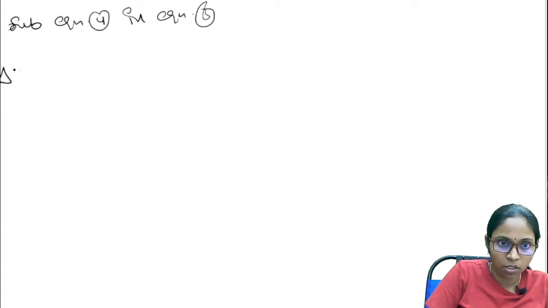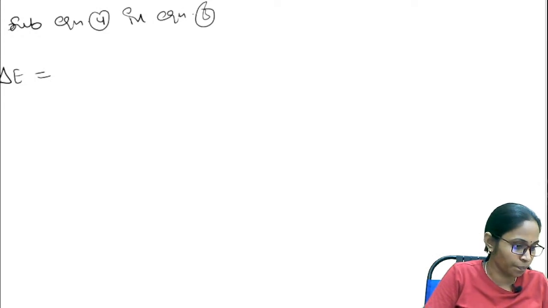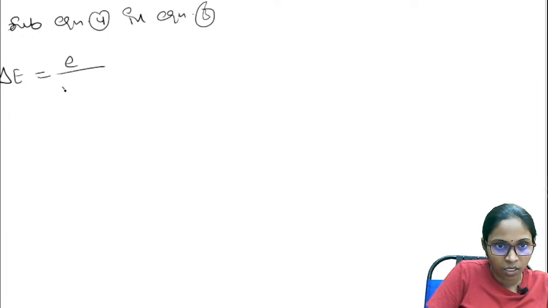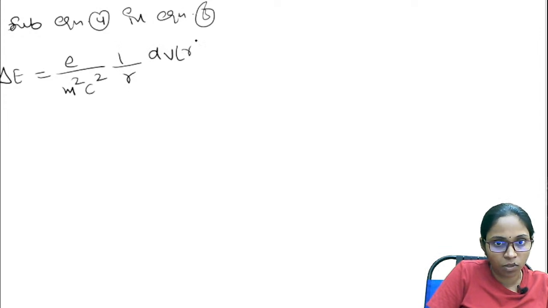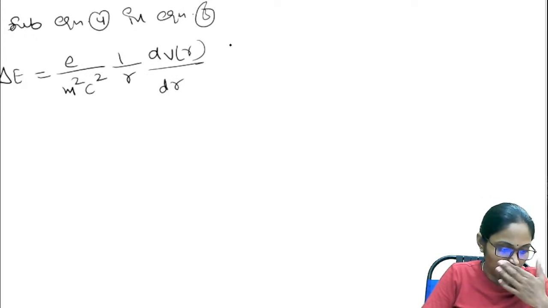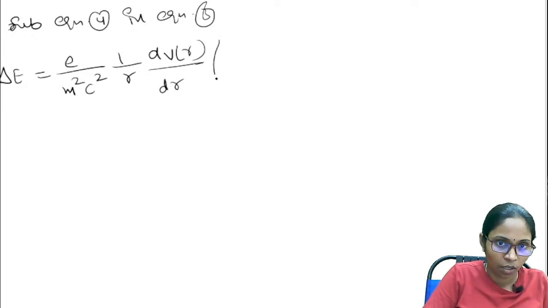We have delta E equal to E by m square c square into 1 by R dV by dR into S bar dot L bar. What is the value we have?